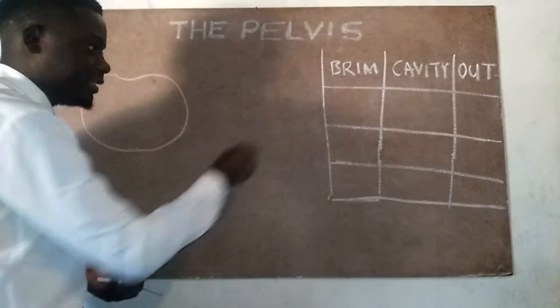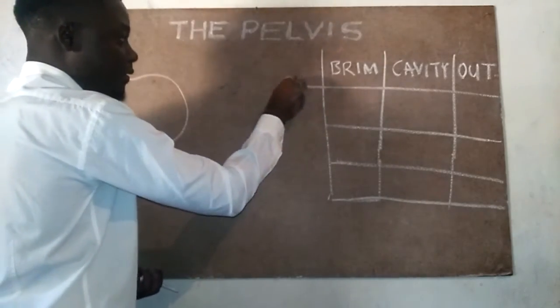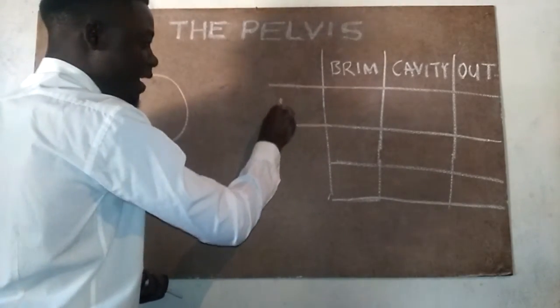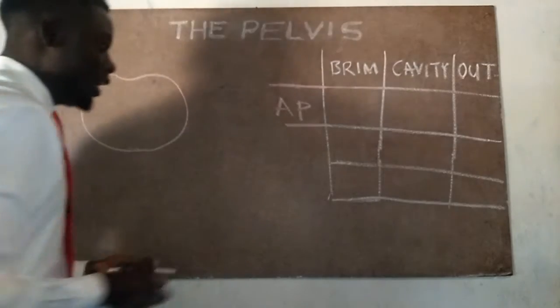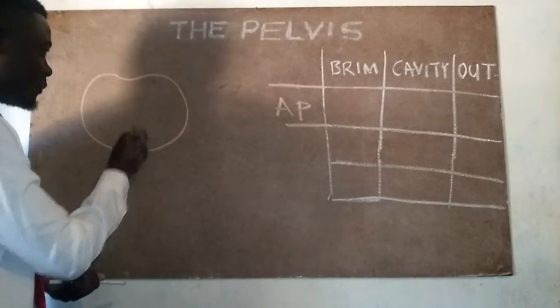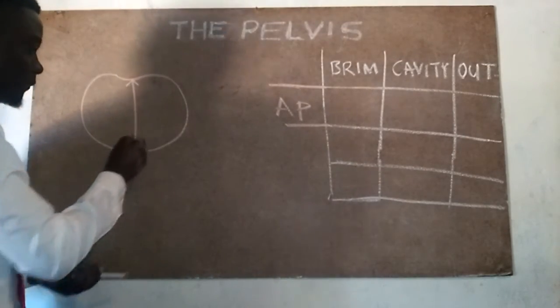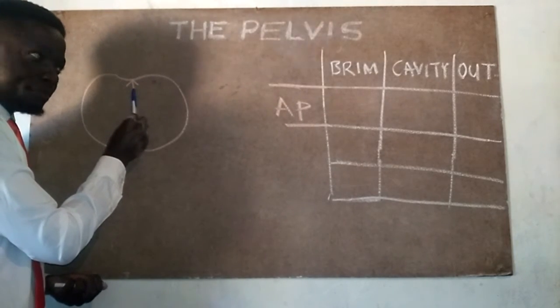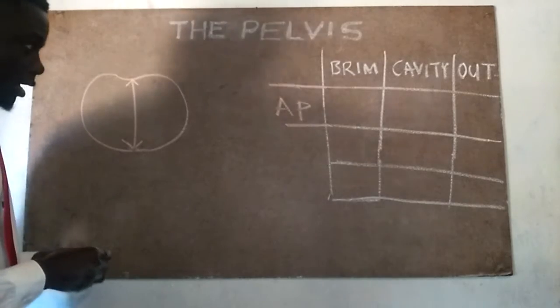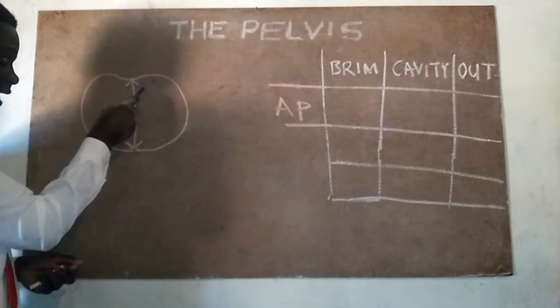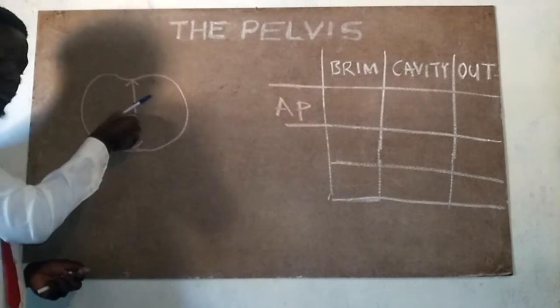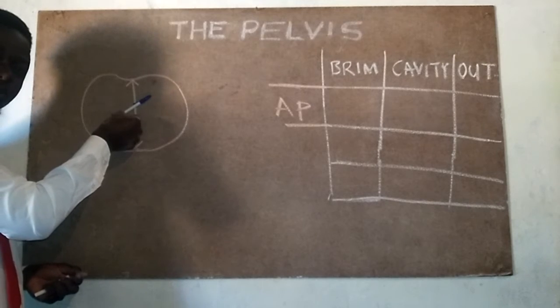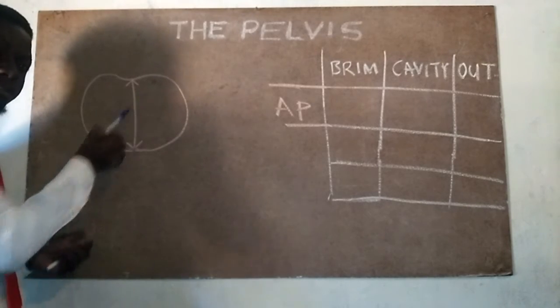This is the inlet. And here we want to assess the AP diameter, because the AP diameter is this diameter, and it's called the anterior posterior diameter. Now, the other diameter is going to run like this, and this diameter is what we call the oblique diameter.